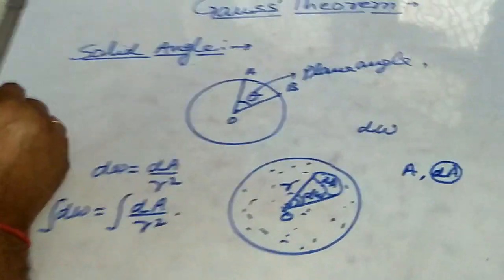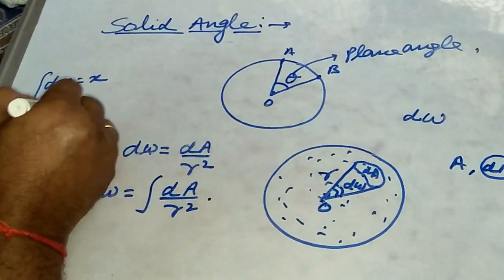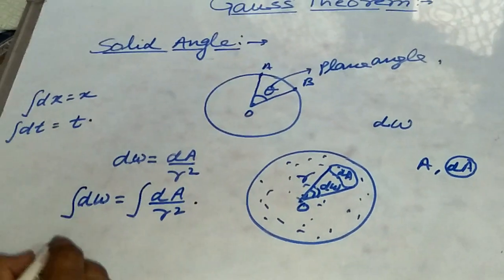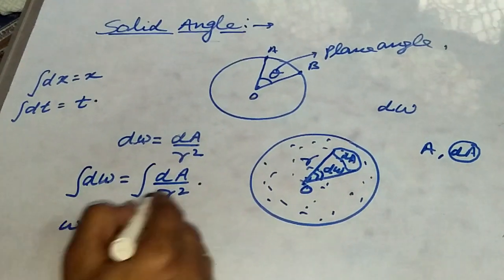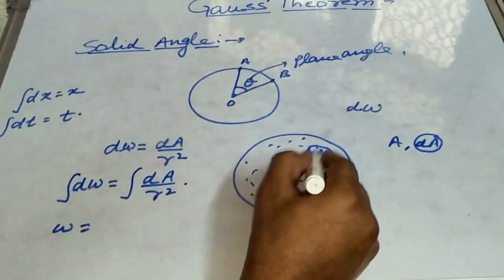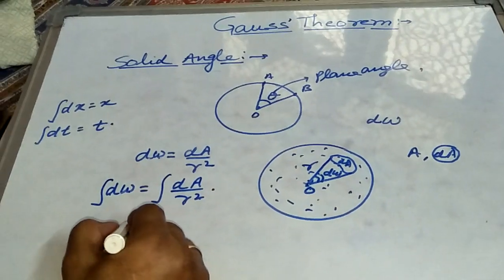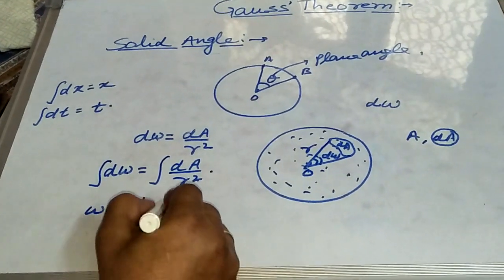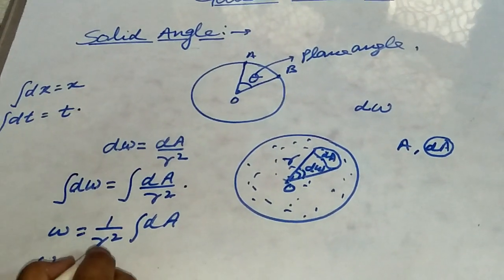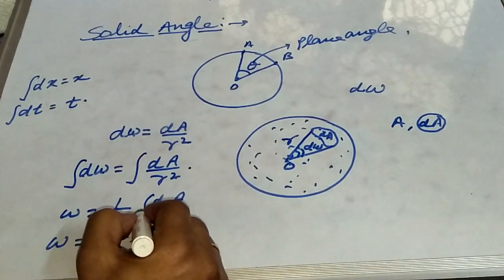As you know, the integration of dx is equal to x, or the integration of dt is equal to t. Similarly, the integration of d omega is equal to omega. And here r is the radius of this sphere, which is a constant everywhere, so you will take 1 upon r square outside, and here you will get dA. It means omega is equal to 1 upon r square times the integration of dA.